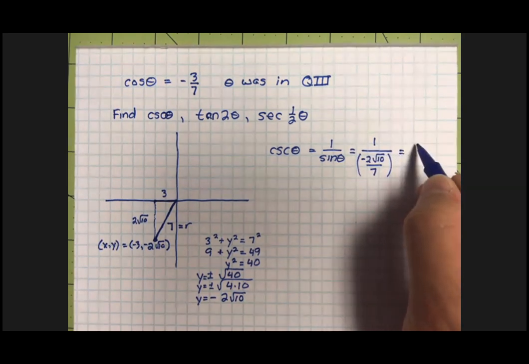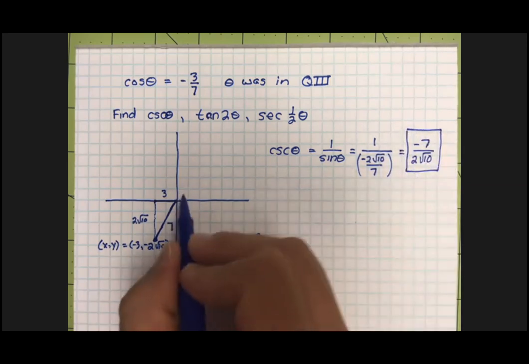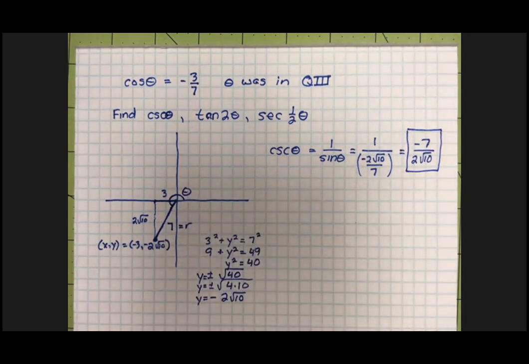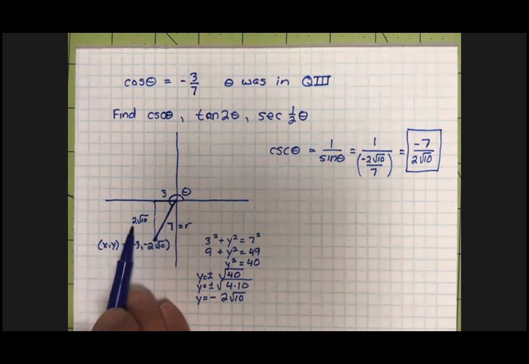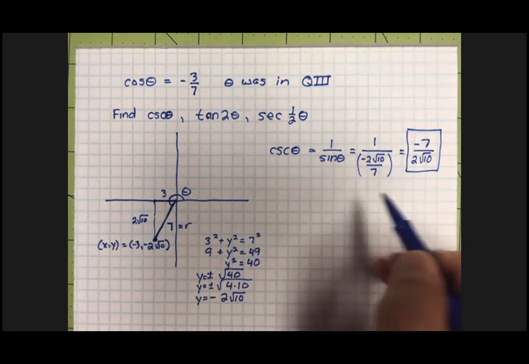And I get minus 7 over 2 root 10. That's the cosecant of theta. I could also say sine of theta is minus 2 root 10 over 7. I could just think about that ratio and say instead the cosecant of theta is 7 over minus 2 root 10. I use the minus sign because I'm in the 3rd quadrant. So I express it like this.